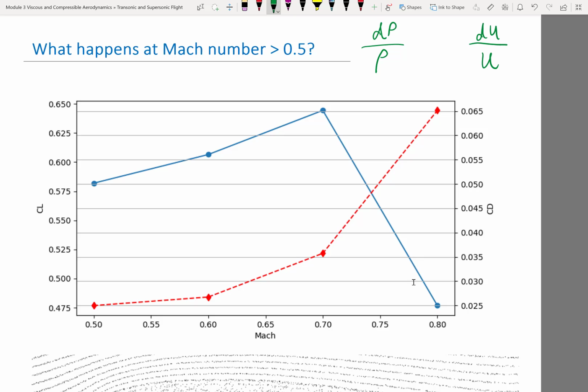Okay, so basically as velocity increases, so this is positive, the pressure has to drop. So dP over P would negatively correlate with du over u, and d rho over rho positively correlates with dP over P. So d rho over rho has to negatively correlate with du over u.